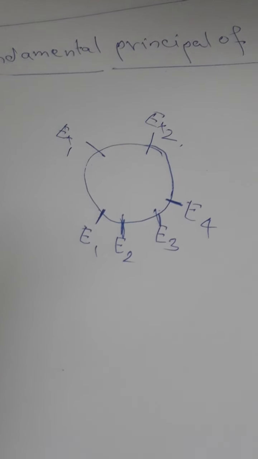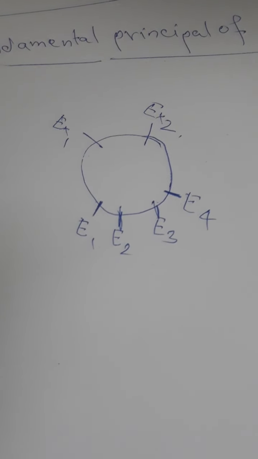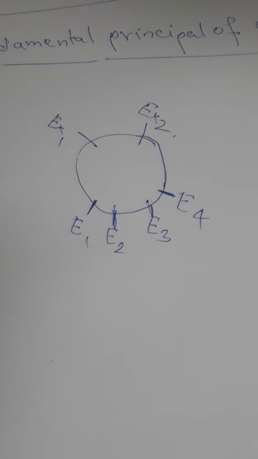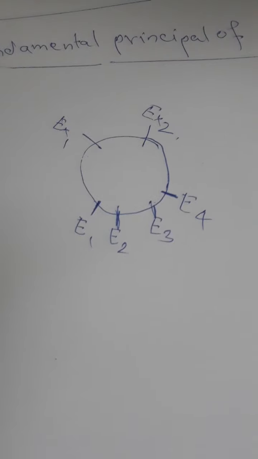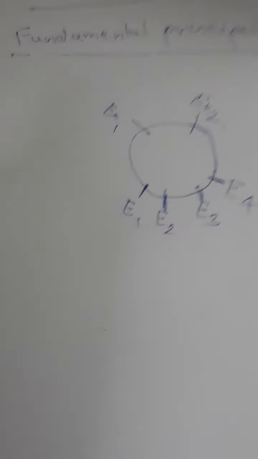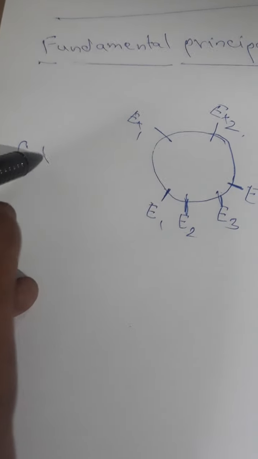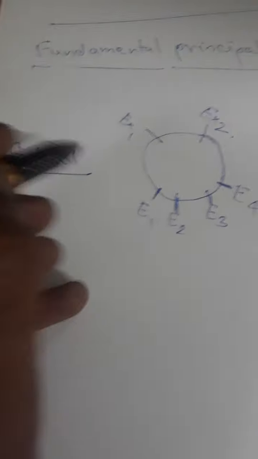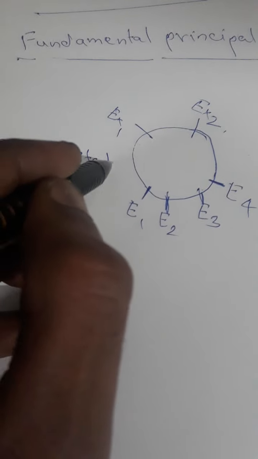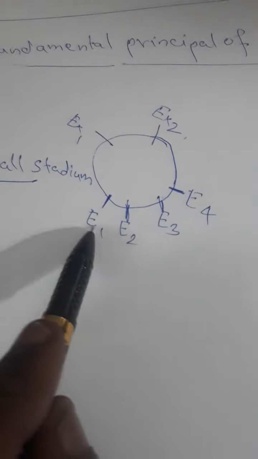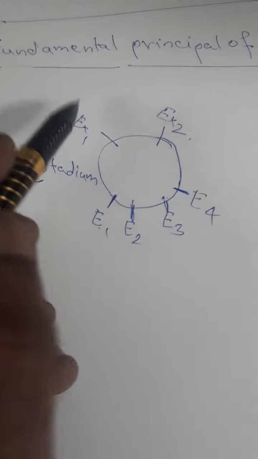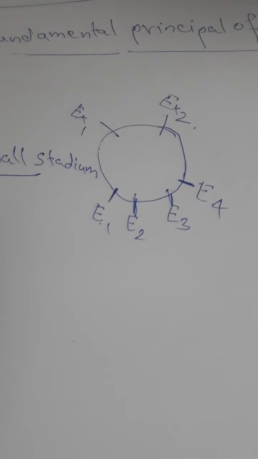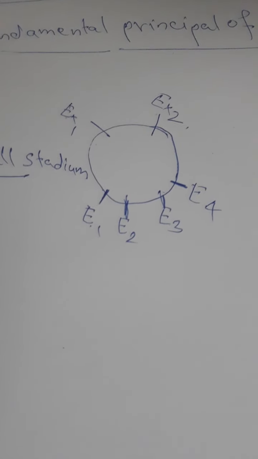Before I give you the fundamental principle of counting, I am giving you one simple example. In this football stadium there are 4 entry doors and 2 exit doors.